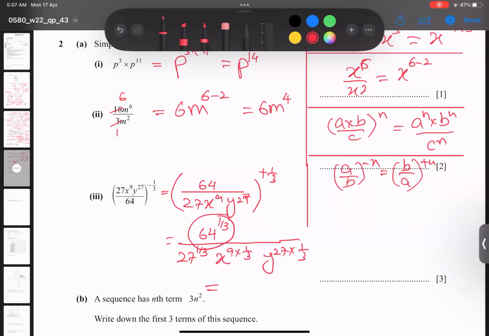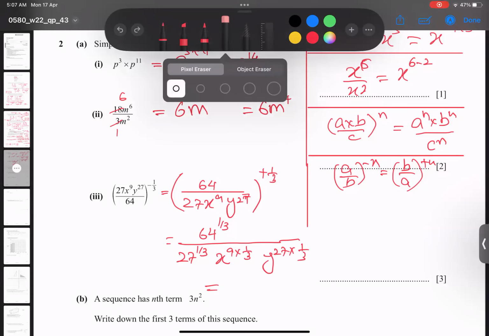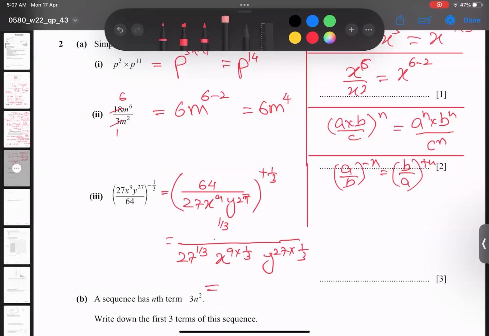If you type this in the calculator, or 64 is actually 4 to power 3. Even if you type directly, no issue. 27 is 3 to power 3. And the powers cancel, cancel, cancel, and cancel.